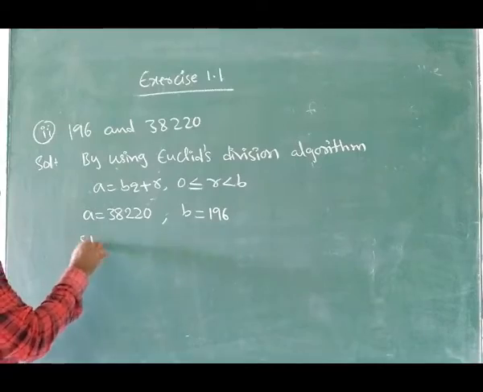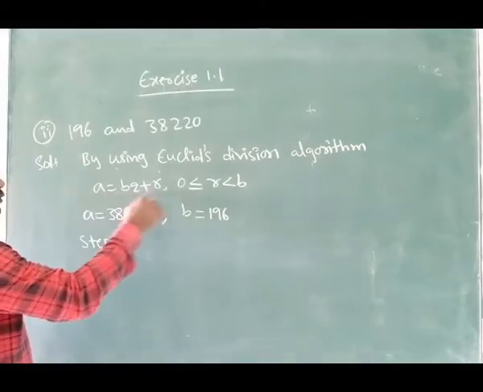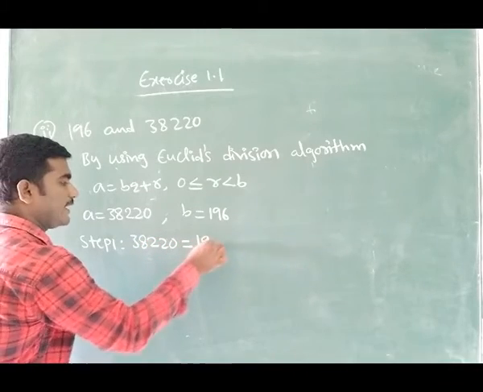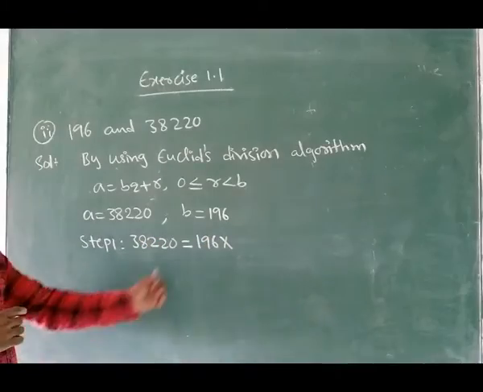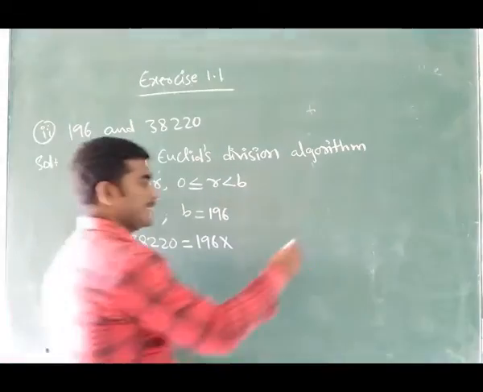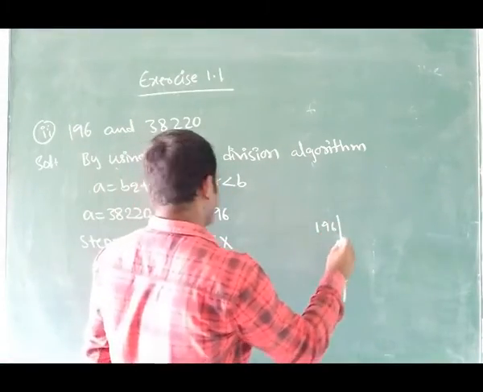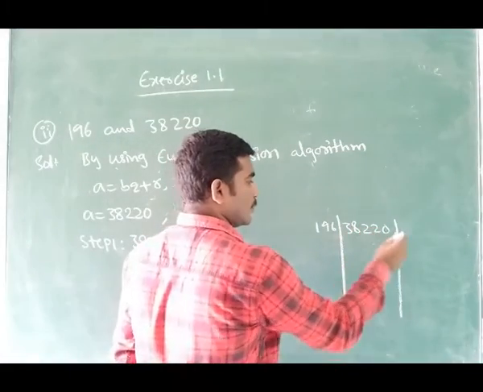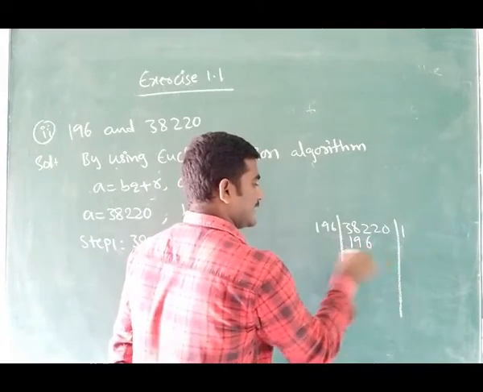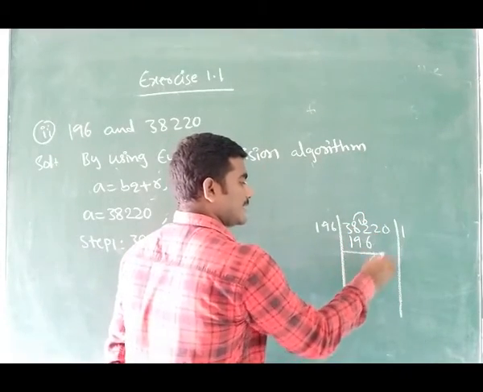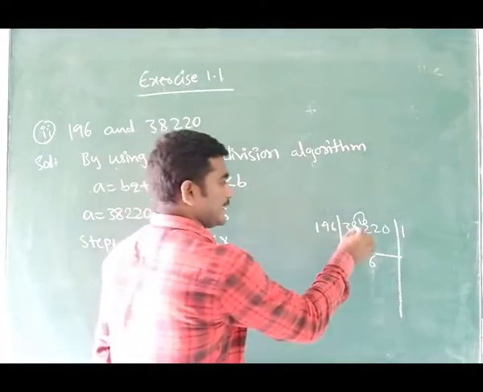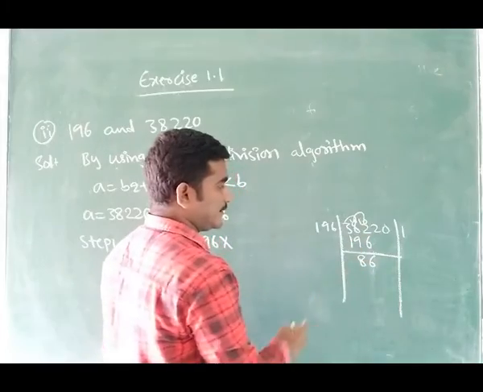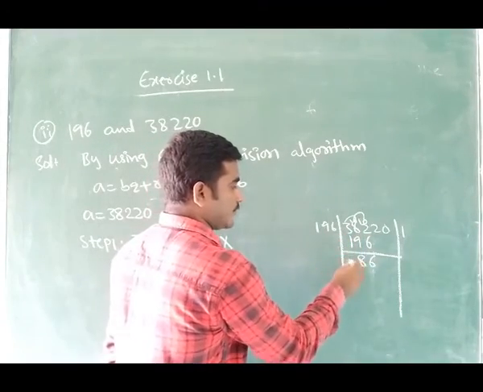Now step 1: how can you write A is equal to BQ? 38,220 is equal to 196 into how much? I am doing the division here: 196 with 38,220. First it is 1, then the 2 means it is more. 196 one time is 196. 12 minus 6 is 6. 17 minus 9 is 8. 2 minus 1 is 1.